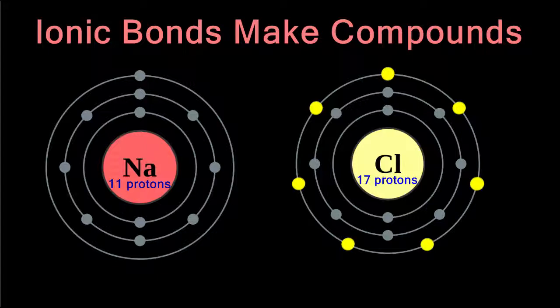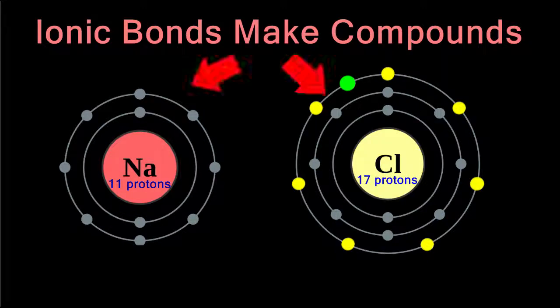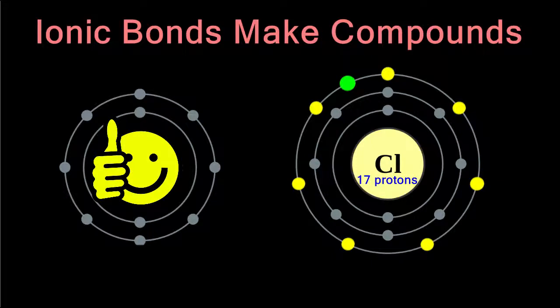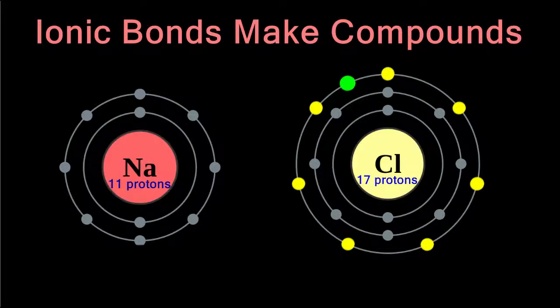These two atoms are going to help each other out. Sodium is going to take its extra electron and transfer it to chlorine. Now these two atoms both have outer energy levels that are full. Sodium is now happy, and chlorine is now happy. After the electron transfer, these atoms are no longer considered neutral. Remember that sodium has 11 protons in its nucleus.